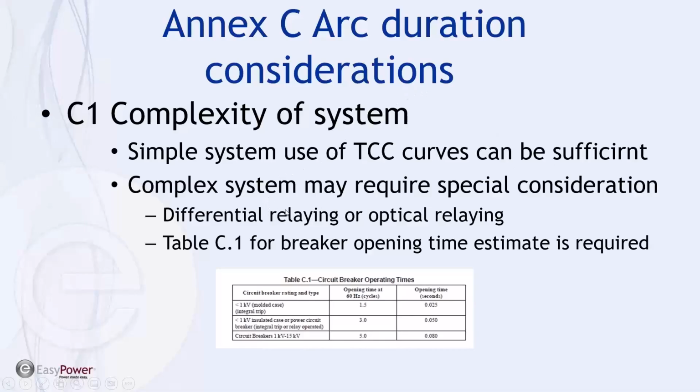Complex systems may require special consideration for differential relaying or optical sense relaying, and then provides table C1 for breaker opening time, which should be included or added to the response time of the relays. Now again, this is all included in the original 1584.1, but it's significantly reduced in volume.